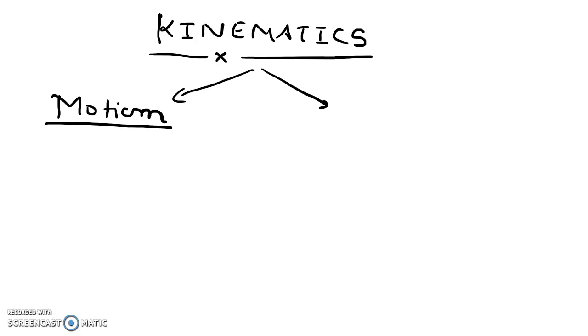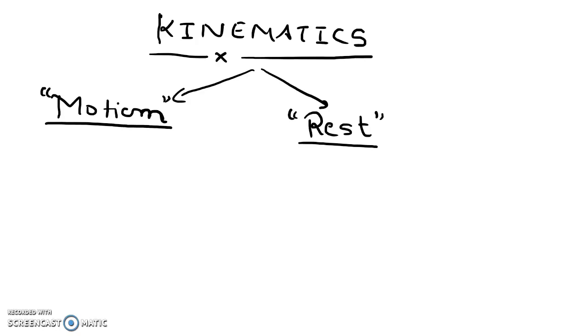So before starting, I have to define two terms, motion and rest. These are basic terms, but I think I need to define them, so you must know them. You have seen or observed these terms before in your previous classes and experiences.